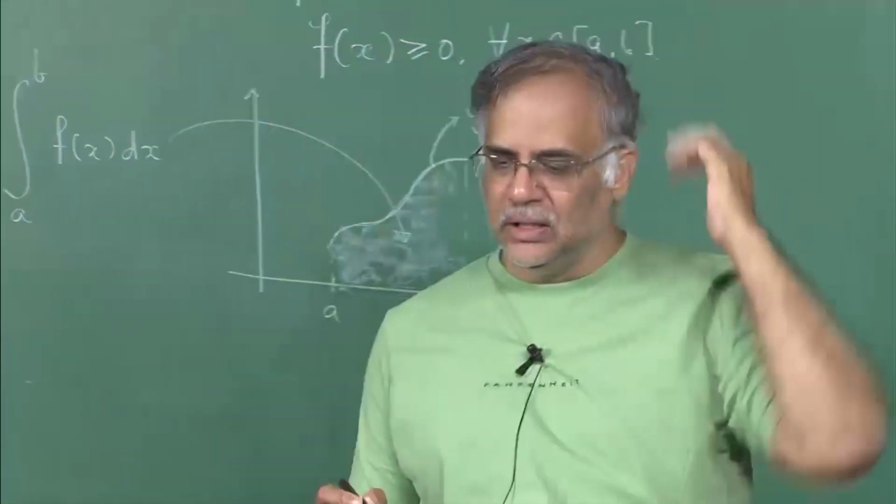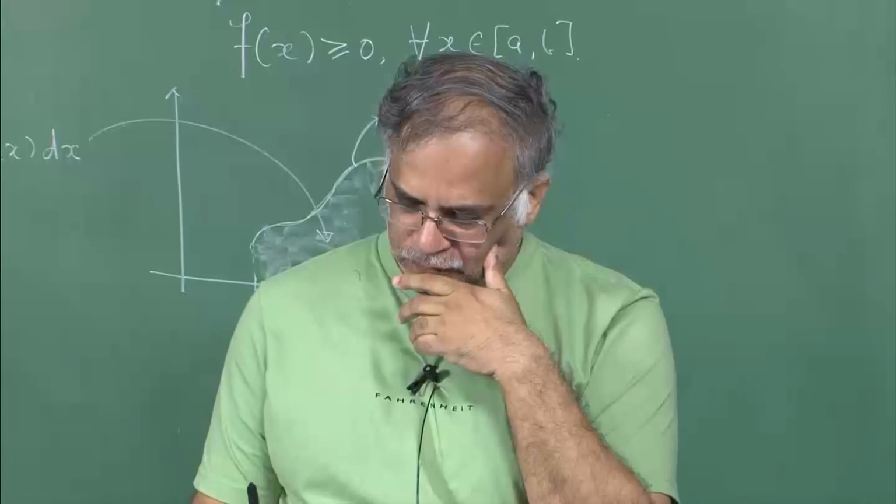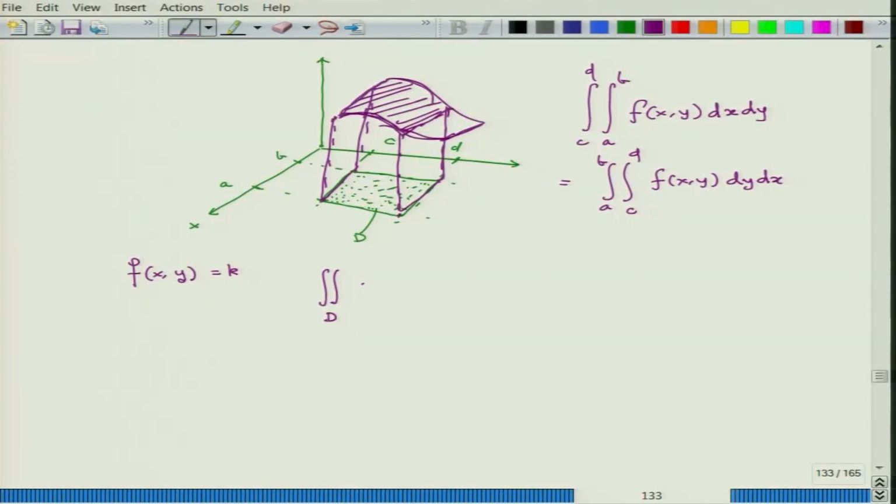Then you know that this double integral, this volume is nothing but k times, maybe in this case I should just make a change, it should be b and a, b is bigger than a, and that is how I have written here in the integration limits.